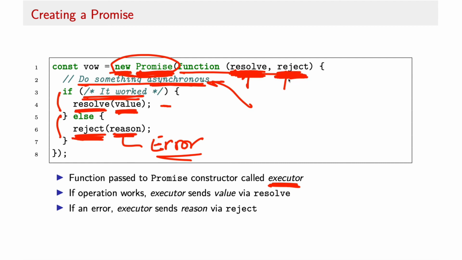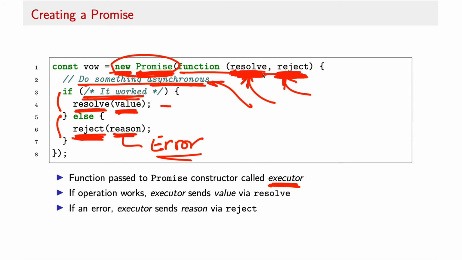When we construct this promise object, it's eventually going to call this function that tells us, hey, if you want to indicate to me that this underlying thing worked, call the first function called resolve by default. If you want to indicate to me, the promise, that the underlying asynchronous function failed, call the second function called reject by default.